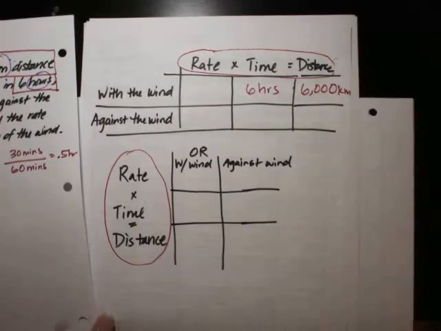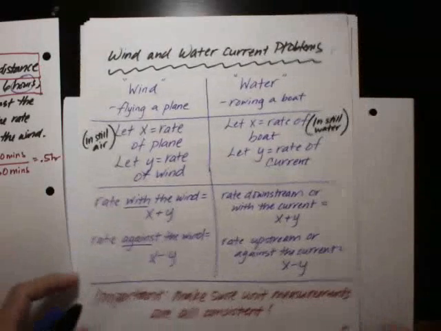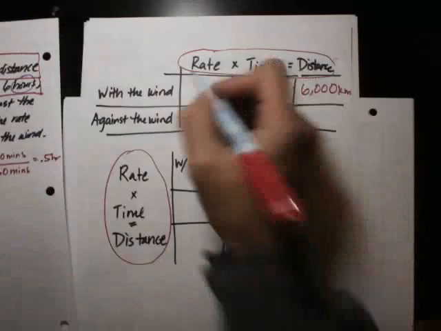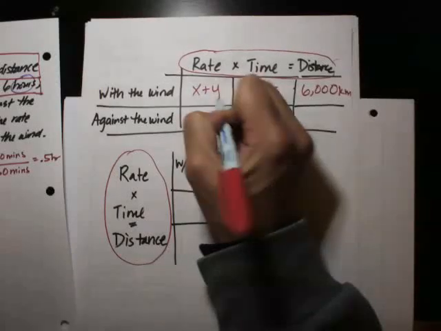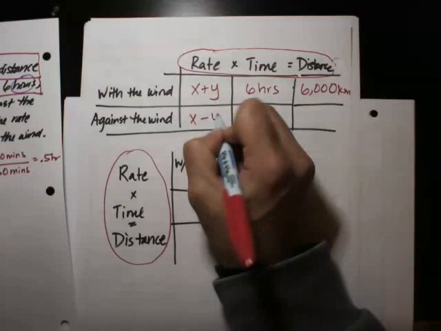I don't know what the rate is with the wind, but remember, we already have defined our variables. With the wind is x plus y, so I'm going to put in x plus y. Against the wind, I know will be x minus y.